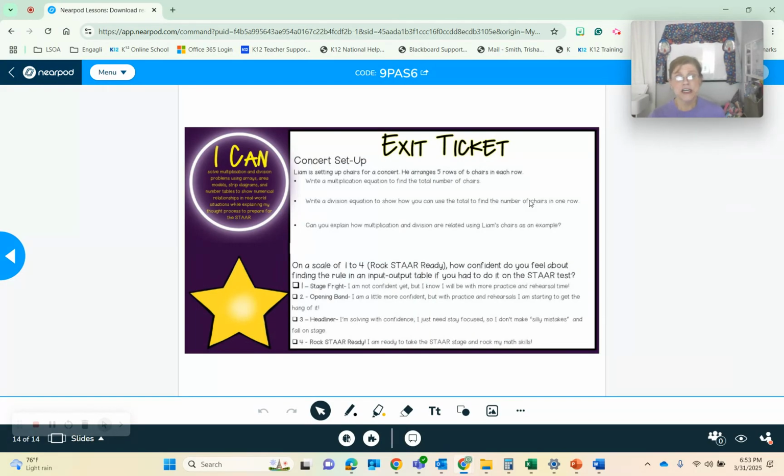Write a multiplication equation to find the total number of chairs. Write a division equation to show how you can use the total to find the number of chairs for one row. Can you explain how multiplication and division are related using Liam's chairs as an example?